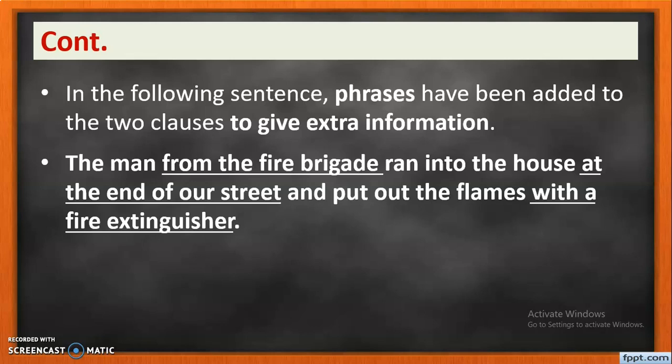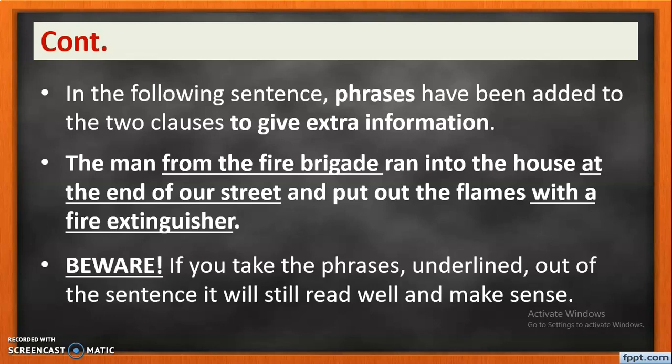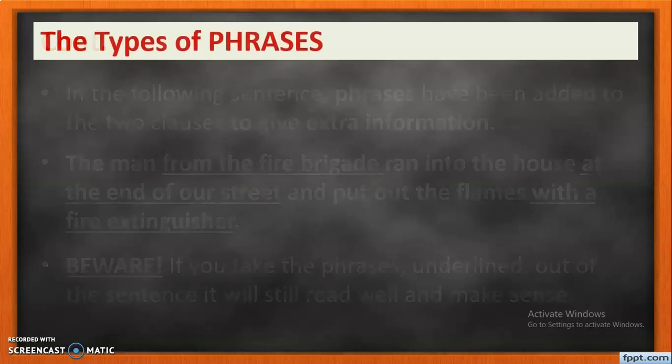The man from the bridge ran into the house at the end of our street and put out the flames with a fire extinguisher. What you can see here is if you take the phrases underlined out of the sentence, it will still read well and make sense. Let me give it to you. The man ran into the house and put out the flames. You see? Even if you take out the phrases, the sentence can still make sense or a complete thought.